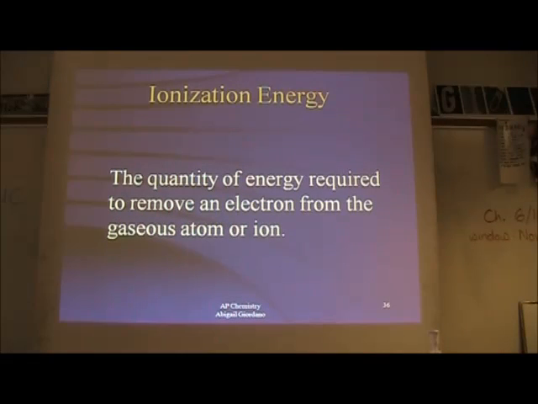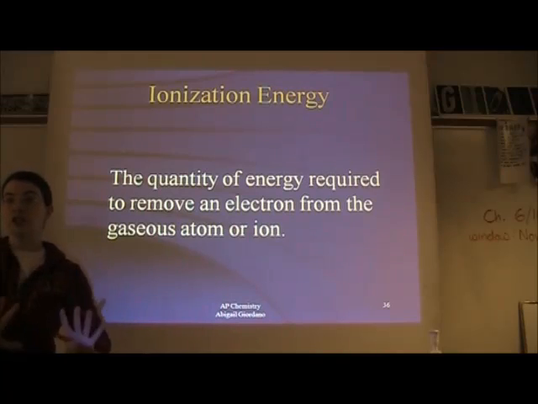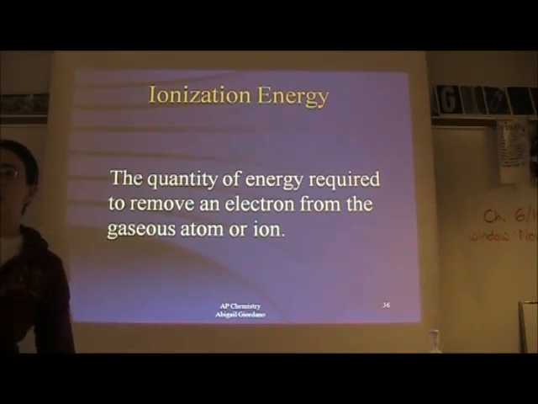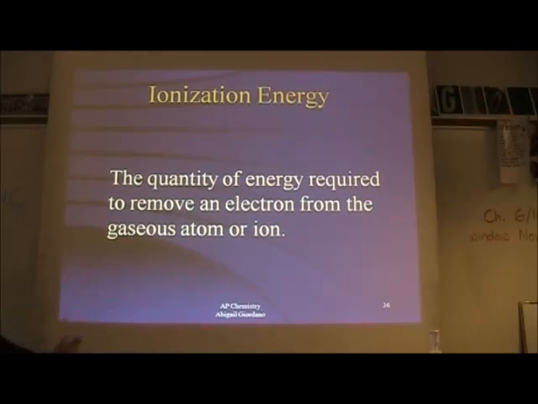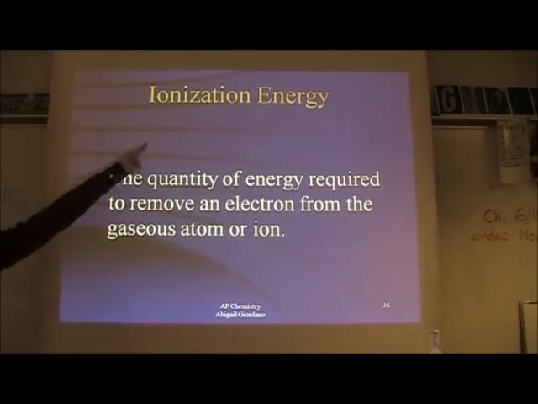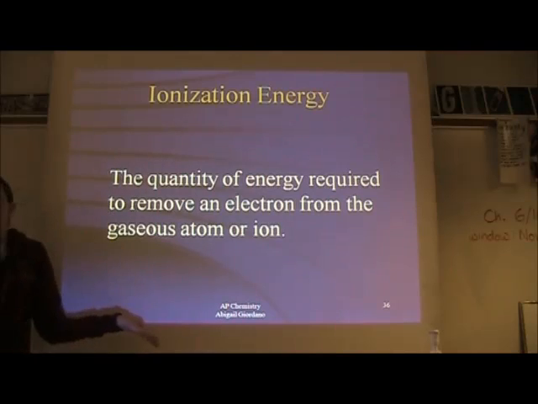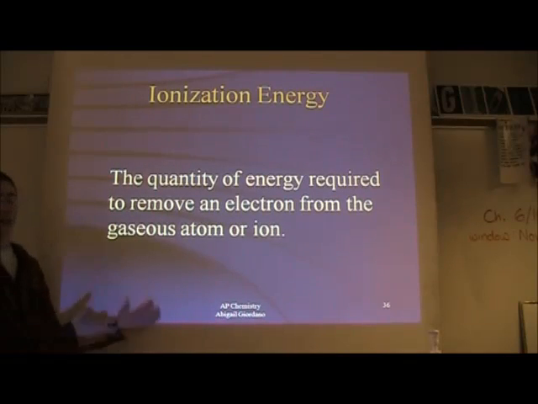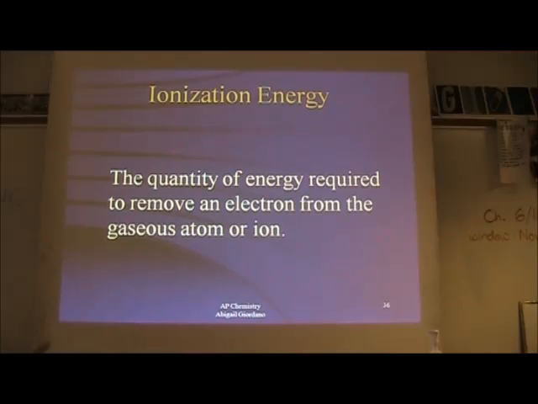If you can understand the trend we just talked about with effective nuclear charge, all the other trends come from effective nuclear charge, so it's much easier to understand. For whatever reason, the College Board has decided of all the periodic trends, this is the most important one. I don't know why. Will you ever see a question on atomic radius? Probably. But this is the one they ask the most.